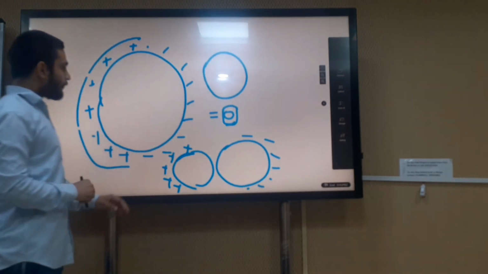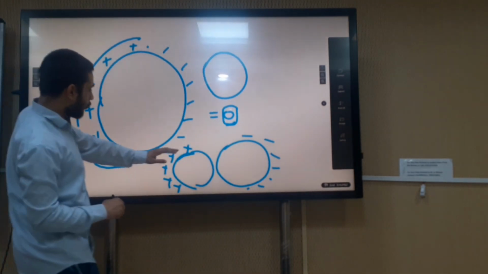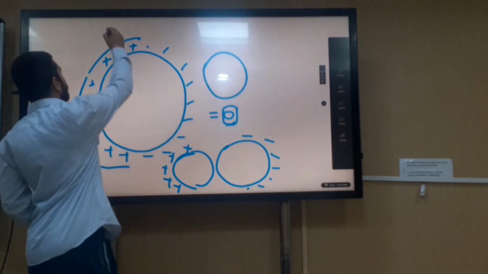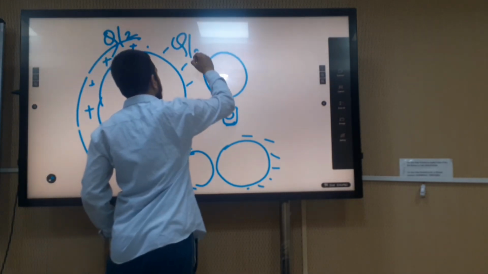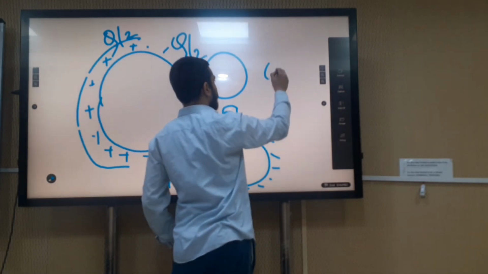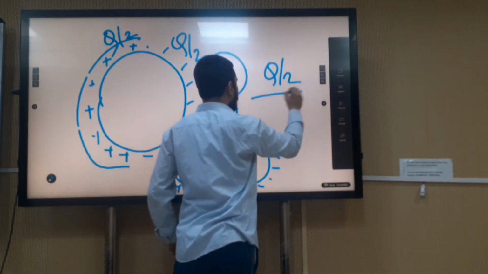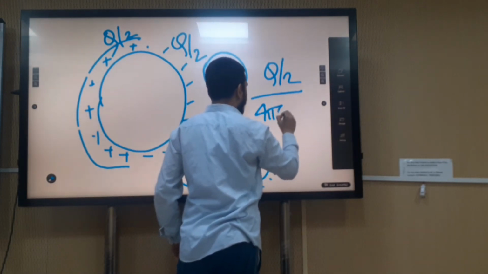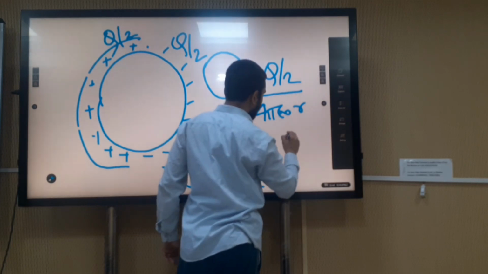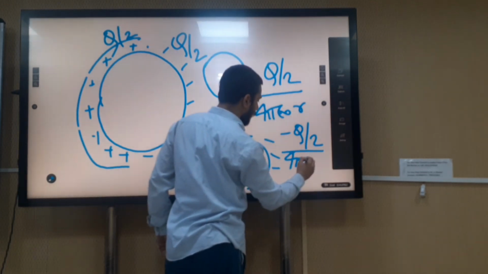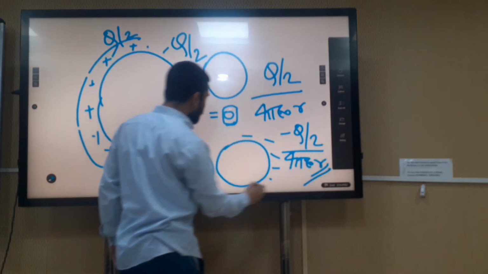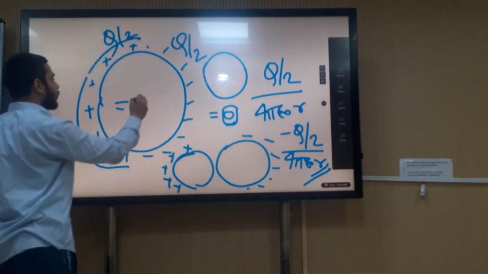Okay, so if we see, for forming this positive charge, suppose that this is of sign Q by 2 and this is also of Q by 2. So because of this Q by 2, the potential energy change will be Q by 2 upon 4 pi epsilon naught R. And because of this negatively charged, minus Q by 2 upon 4 pi epsilon naught R. Okay, so total change in potential energy will be equal to 0.